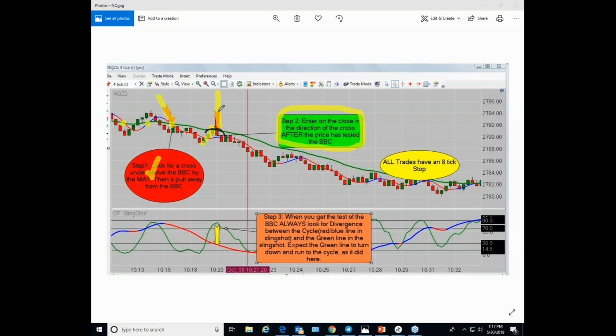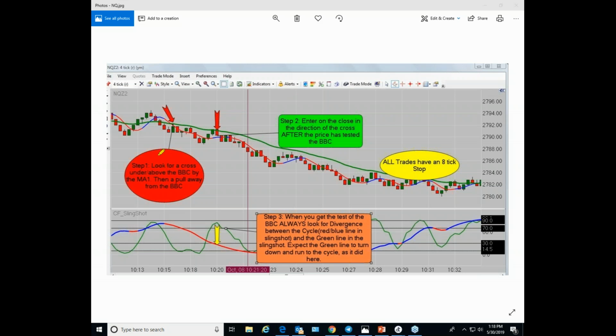We're waiting for a close in the direction of the trend. We're sacrificing price for action, because sometimes a market will just blast through that BBC and take off. So we're sacrificing a little price for a little bit more confirmation.